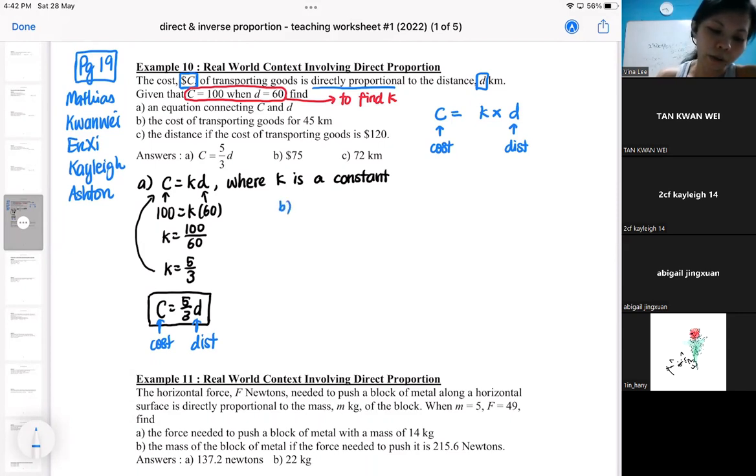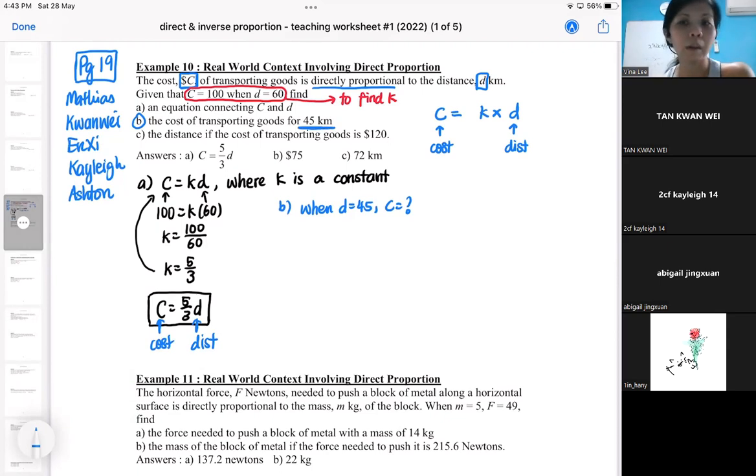The subsequent question is asking you, what is the cost for transporting 45 kilometers? So they are asking you, when the distance is 45, how much money will you be spending? So interpret the 45 as distance.